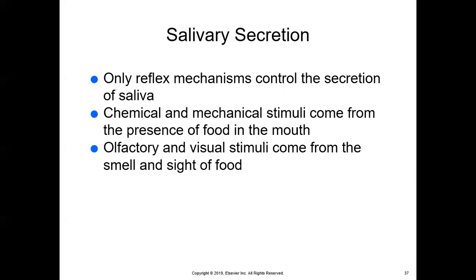With mechanical stimulation, something physically contacts and fills your mouth, and then it will stimulate saliva production. And then also chemical. When you have something that's starting to get digested and your body recognizes it as a chemical that you want to digest, then it will produce saliva.